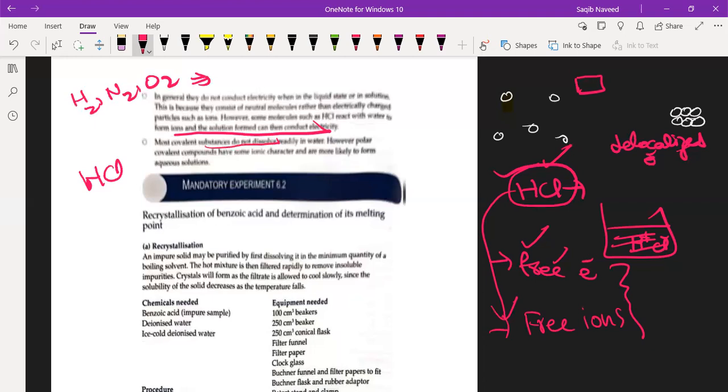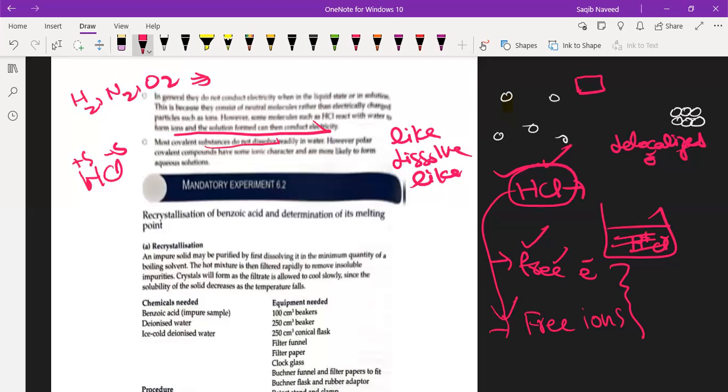Why is HCl soluble in water? Because HCl is polar. We just realized that it has an electronegativity difference. The simple rule is like dissolves like. Polar will be soluble in polar substances, and non-polar in non-polar.